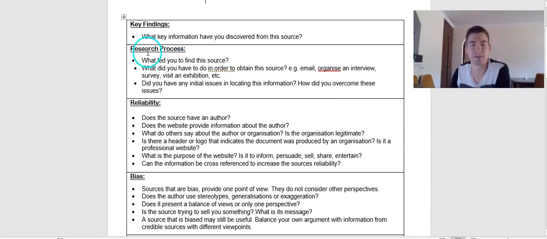Secondly, the thing we need to have a look at is research process. In your proposal, you talked about the fact that you were going to try finding information in a variety of sources, and for most of you in your feedback, I tried to get you to think really deeply about who it was specifically that you were going to target, because what I'm looking for in the proposal pages and your planning pages is what it is that you hope to do.